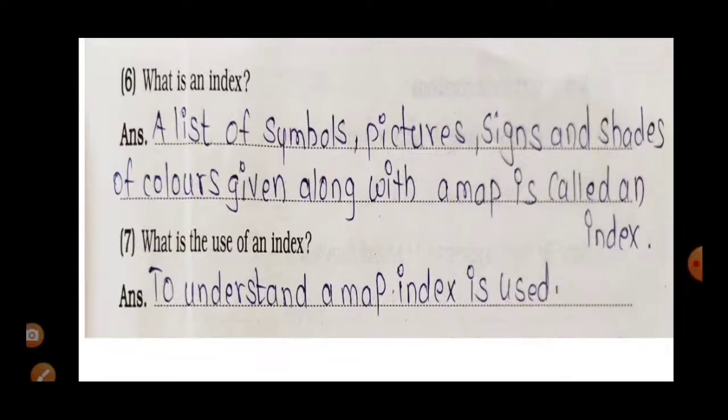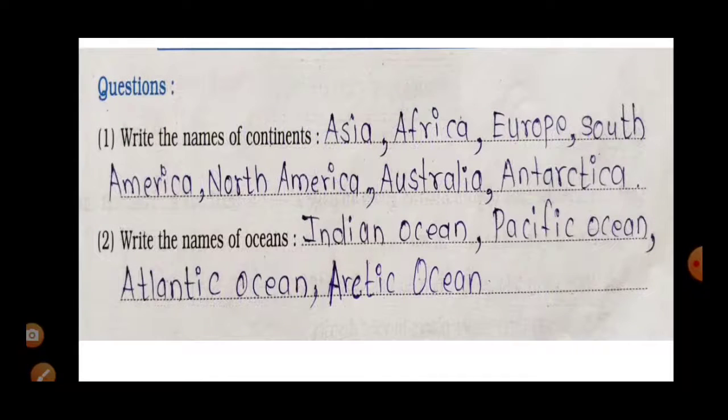What is an index? Answer. A list of symbols, pictures, signs and shades of colors given along with a map is called an index. Question number 7. What is the use of an index? Answer. To understand a map, index is used.